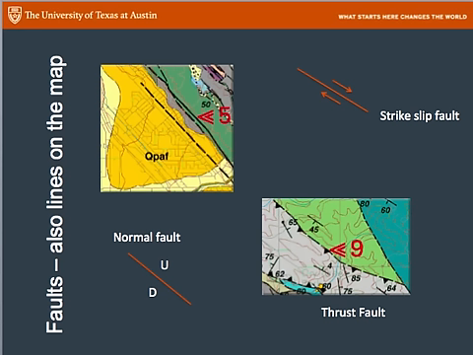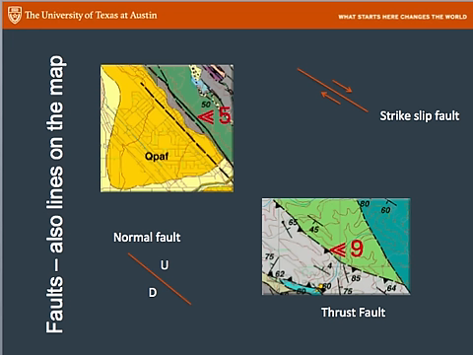Faults are also shown on a geologic map, and faults show up as generally straighter lines, not always perfectly straight, but commonly straight, like you see in number 5, a heavy dark line where the rock has moved on one side relative to the other. The faults are sometimes marked with the direction of movement if that can be seen, so you might see a strike-slip fault with arrows pointing in opposite directions, or a normal fault with a D and a U indicating down and up.